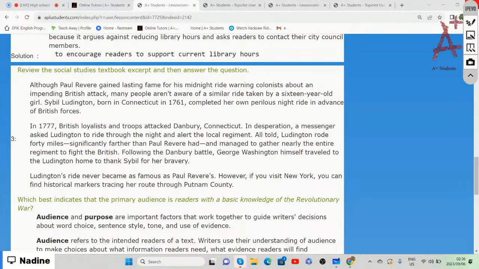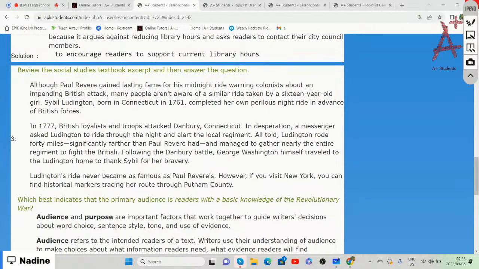In desperation, a messenger asked Ludington to ride through the night and alert the local regiments. All told, Ludington rode 40 miles, significantly further than Paul Revere had, and managed to gather nearly the entire regiment to fight the British. Following the Danbury battle, George Washington himself traveled to Ludington's home to thank Sybil for her bravery. Ludington's ride never became as famous as Paul Revere's. However, if you visit New York, you can find historical markers tracing her route through Putnam County.